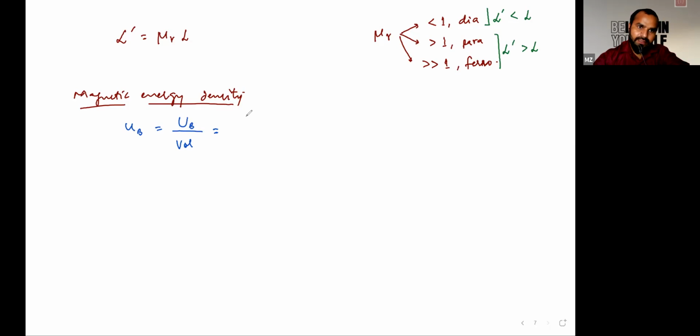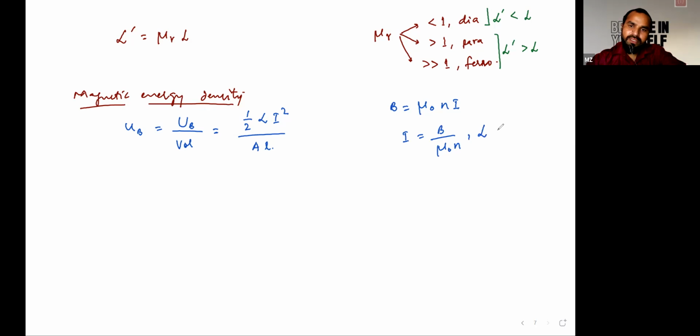As we derived in the last part, potential energy was half L I square, divided by volume, A into l. We are defining this value with respect to a solenoid. For a solenoid, magnetic field is equal to mu naught times n into I. So I is B divided by mu naught n.